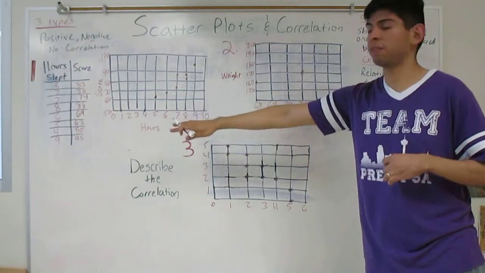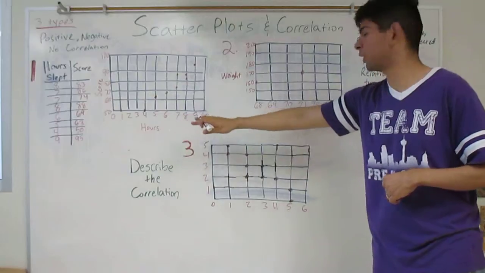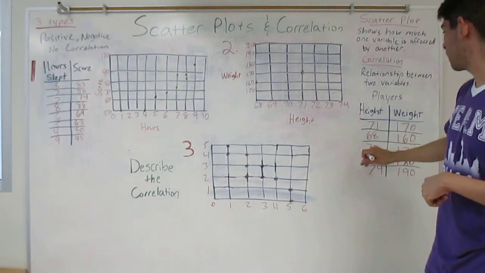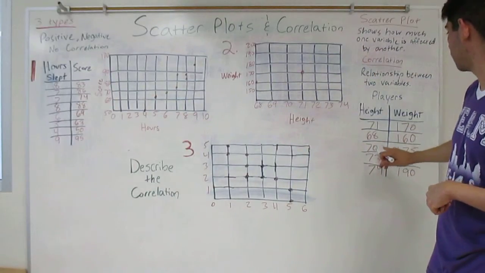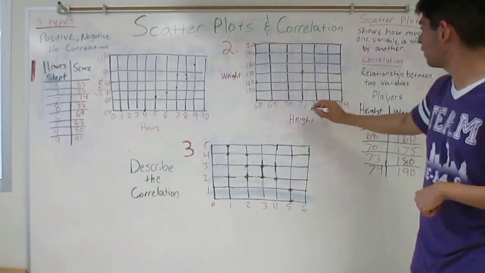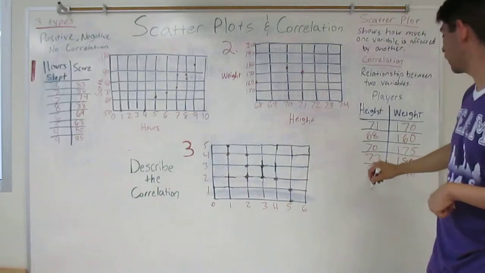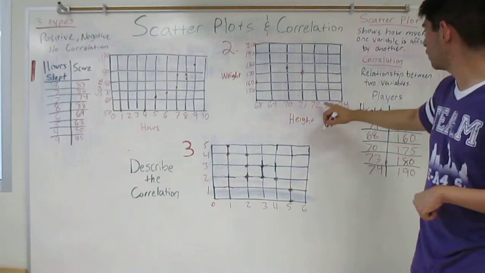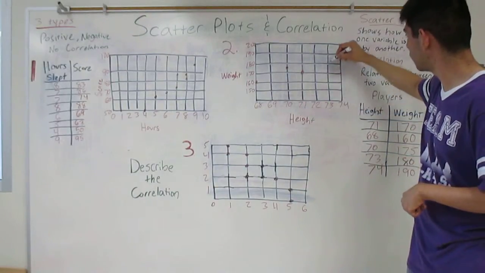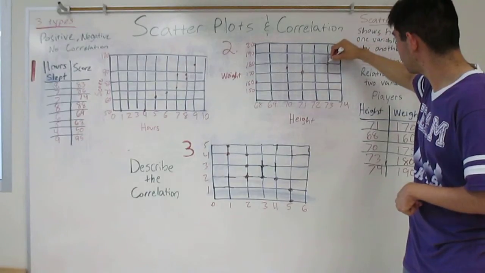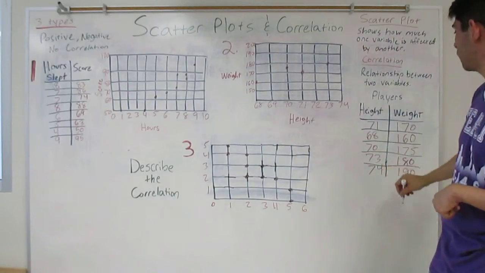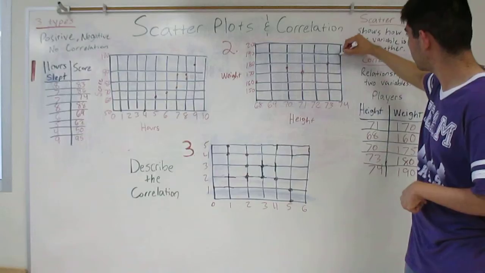I did not write it down. 70 inches, and the weight of 175 right here. 73 inches, and this basketball player weighs 180. And 74 inches, and he weighs 190.